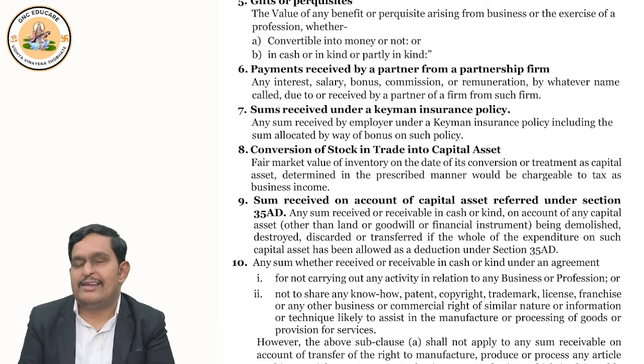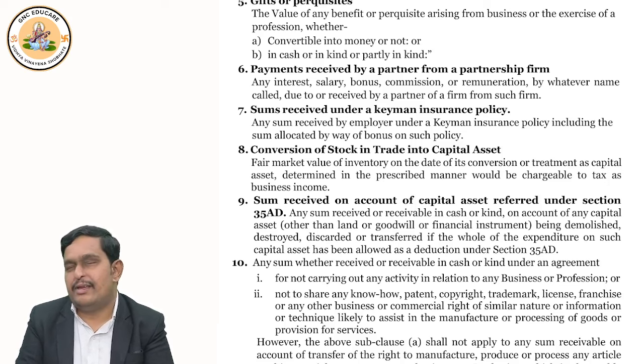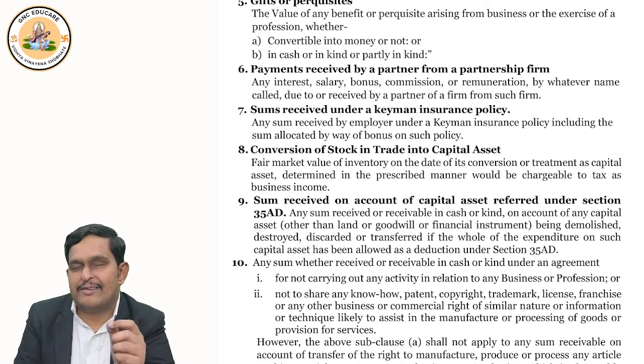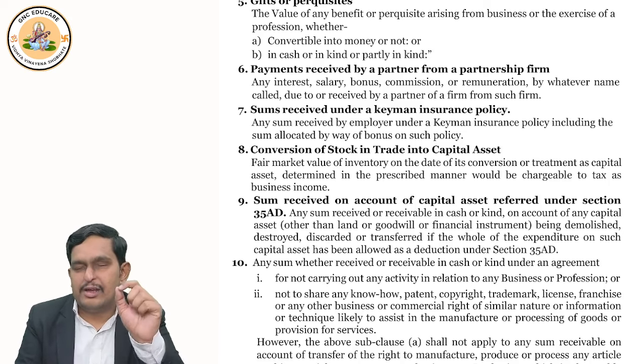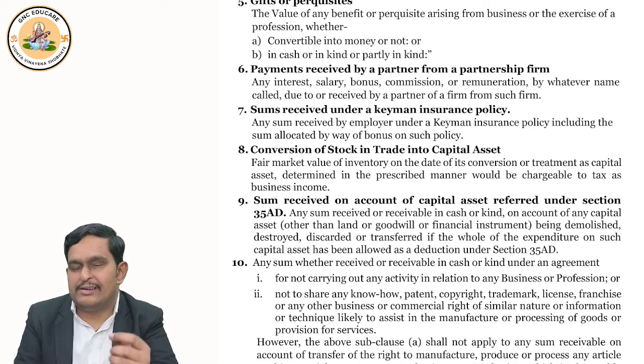But still, it is taxed under the chapter PGBP. Whatever was the sale price, fair market value, on the day when you converted your stock into capital asset, that will be treated as your business income. Of course, from that, whatever you spent to purchase that will be deducted as cost.